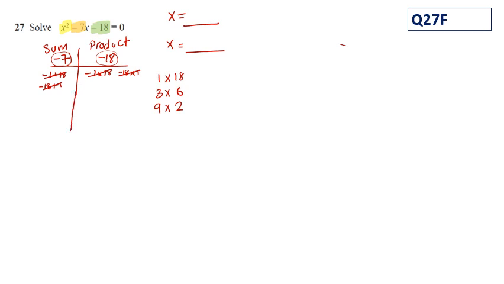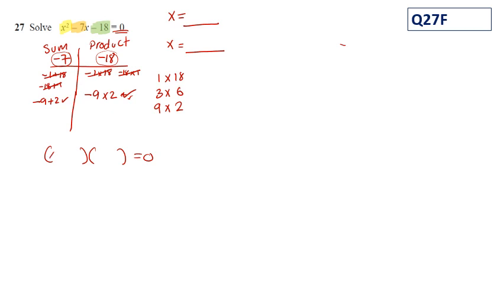And through a process of elimination, I can come to the correct answer, which is minus 9 times 2 gives me minus 18, and minus 9 plus 2 gives me minus 7. So this is the pair that works. Once I found the pair that works, in this case minus 9 and 2, I can make two pairs of brackets and make that equal to 0, because remember my original equation is equal to 0.